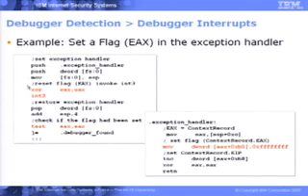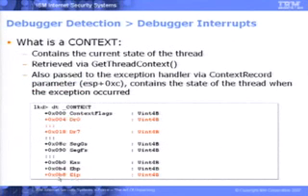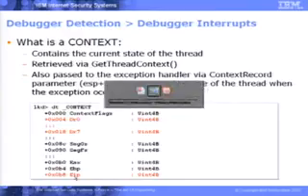It will change EAX to -1 and then increment the EIP, which is at EAX plus B8. It contains the context record's EIP. If you can see here, it will increment the EIP by 1.